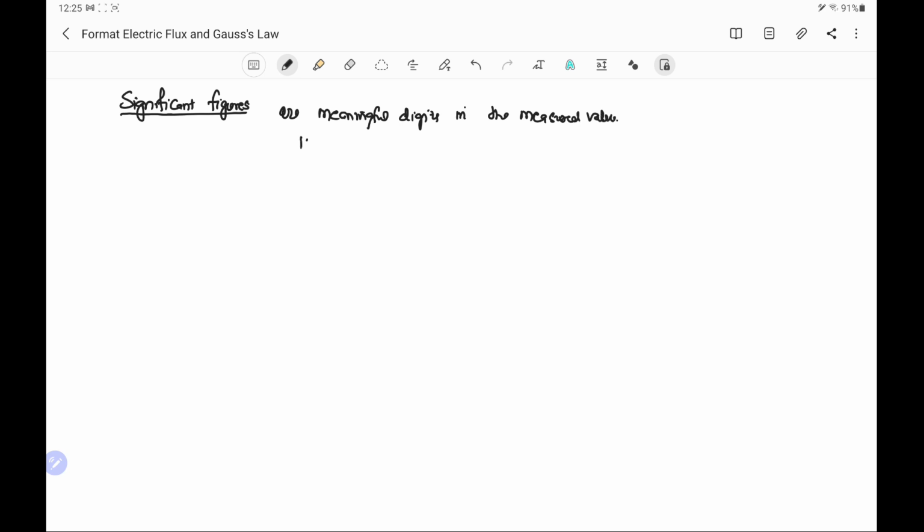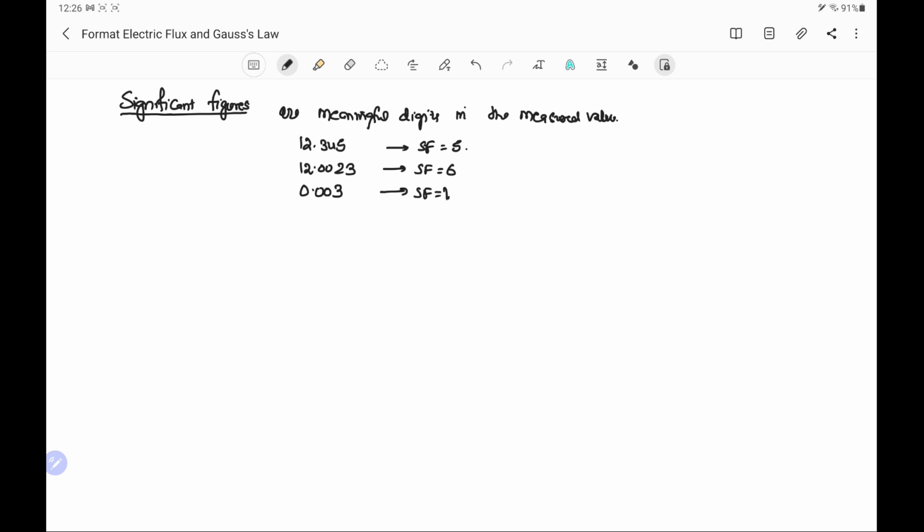For example, if we have measured 2.345, then this has the significant figures equal to 5. Similarly, if we have measured 12.0023, this implies that significant figures are 6. And if we measured 0.003, this has the significant figure equal to 1.